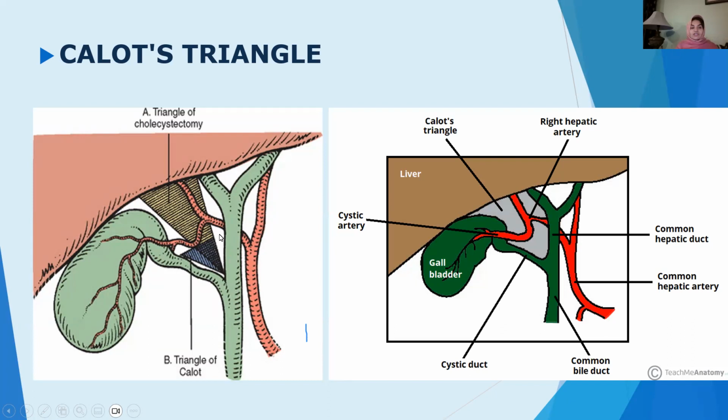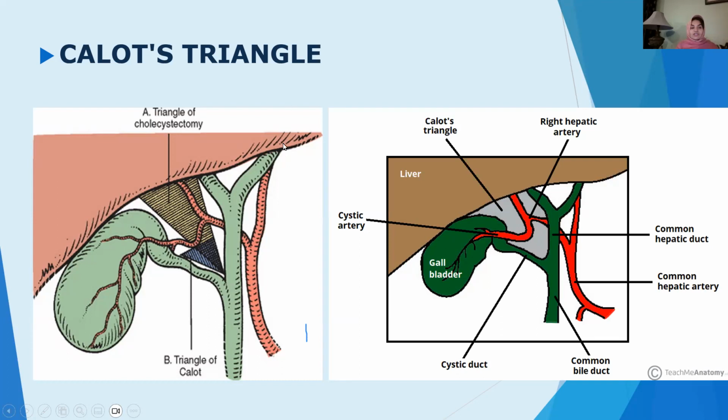The cystic artery is the content. In detail, the common hepatic duct joins with the cystic duct and forms the common bile duct.